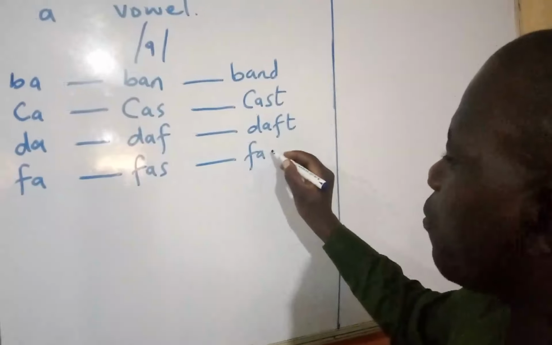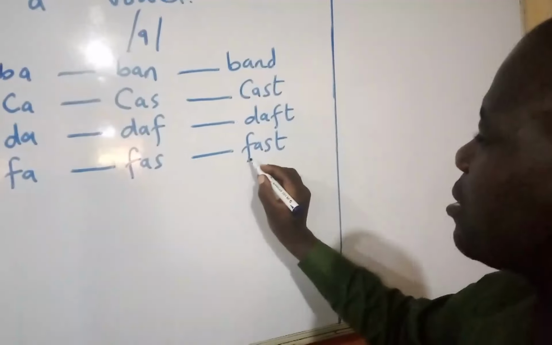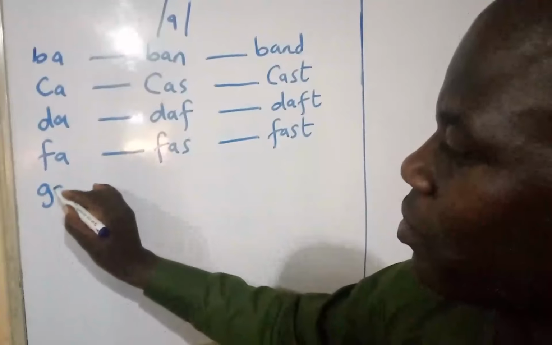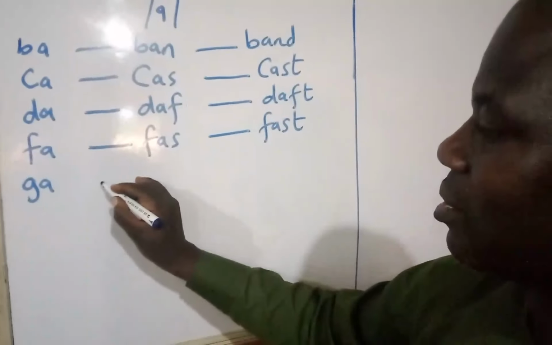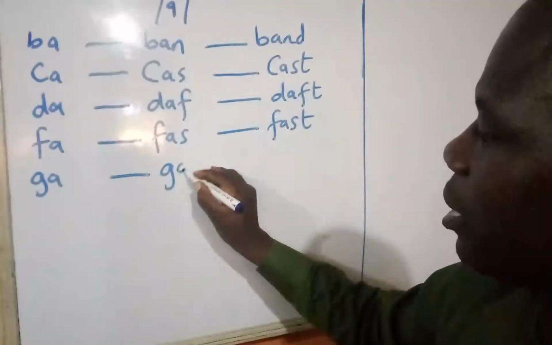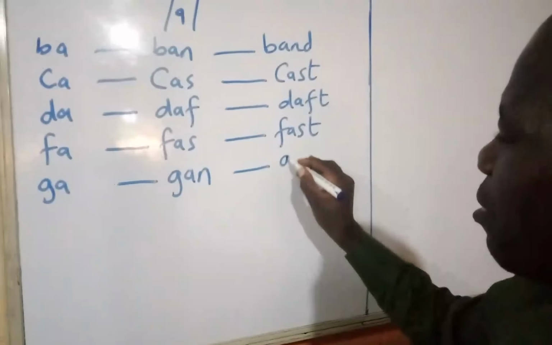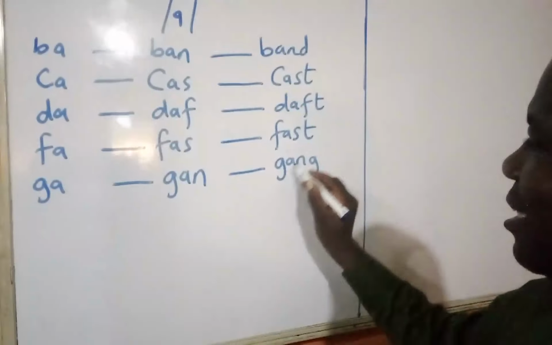So produce 4 gives fast. Now 2. Ga. 3. Gan. 4. Gang.